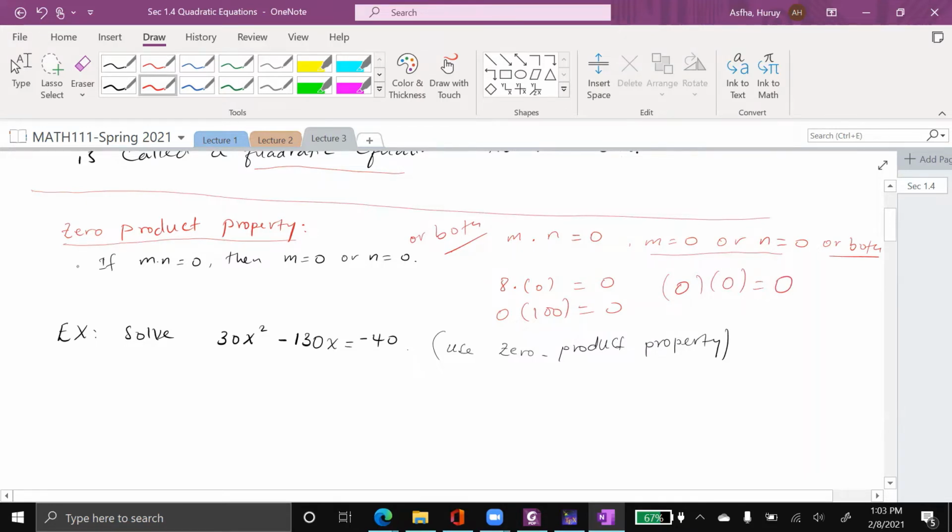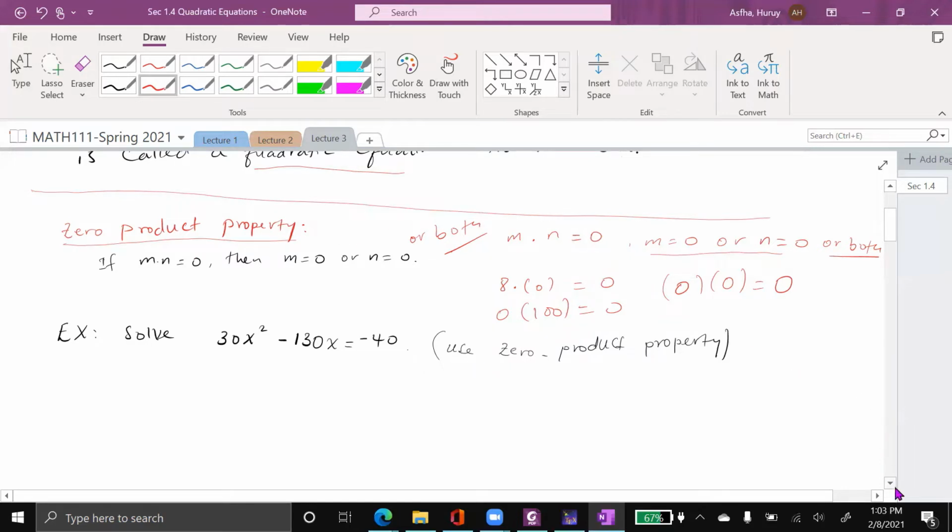Therefore, this is what we call the zero product property. We will use this property when we solve a quadratic equation. That's why we are starting with it.